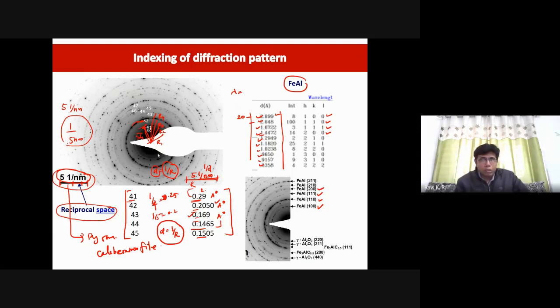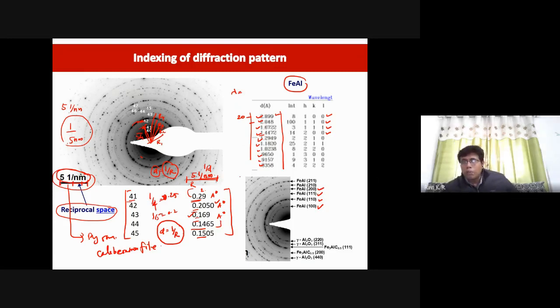Otherwise, you can use ImageJ. Using ImageJ, you calculate this distance. But a major problem is identifying the central spot. If you don't identify the central spot properly, then you may have a problem. Based on the intensity, you can easily locate that central spot.